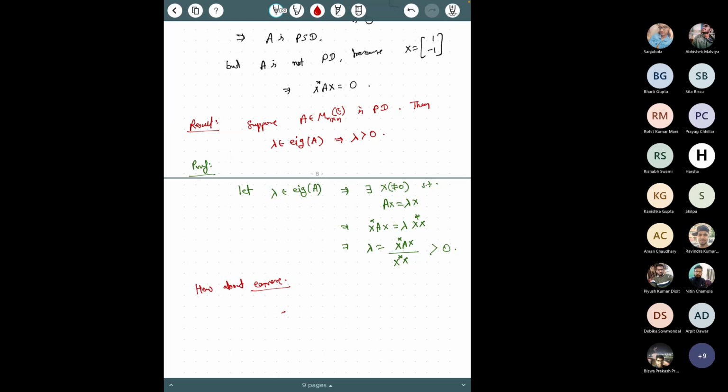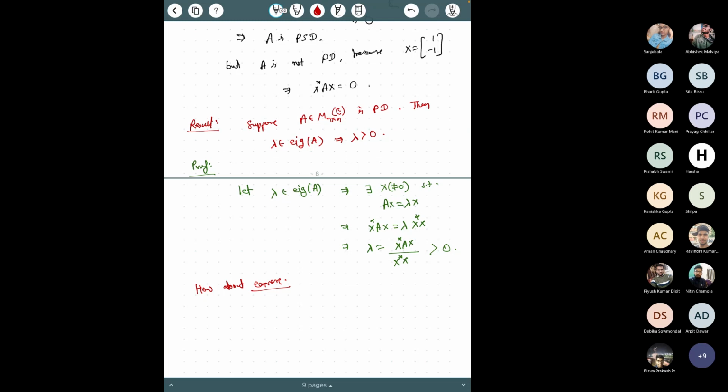But that is not true in general, because you look at this matrix, which is Hermitian also. So you have to add that. What would be the converse statement? Now you modify your statement. If A is a Hermitian matrix and all eigenvalues of it are positive, then A is positive definite.